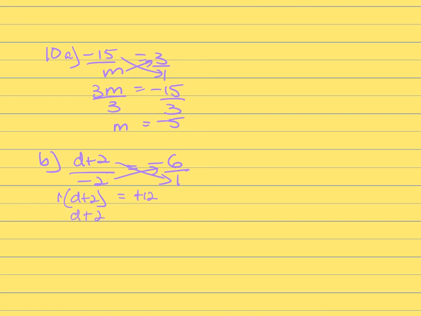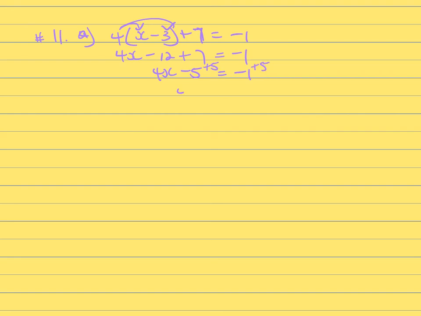D plus 2 is then equal to 12, minus 2 from both sides. D is equal to 10. Okay, this was supposed to be d plus 5, d plus 5, d plus 5, minus 5 from both sides. D would be equal to 7.